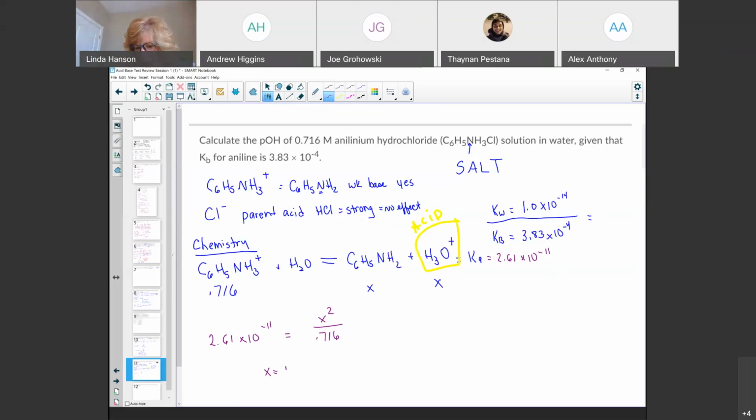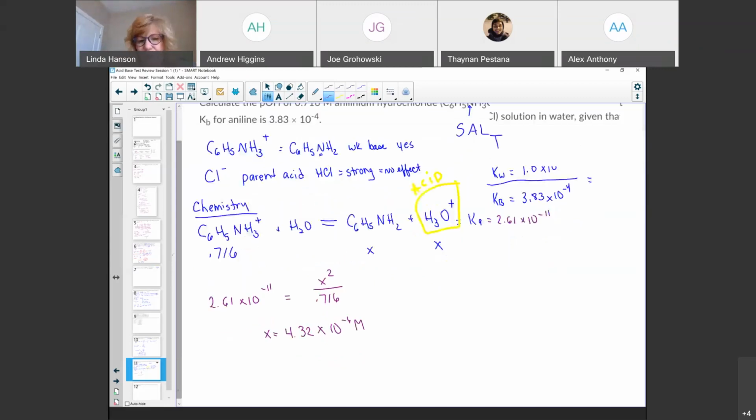And x came out to be 4.32 times 10 to the negative 6 molar units. And this will be one of your choices on the multiple choice format, guaranteed.